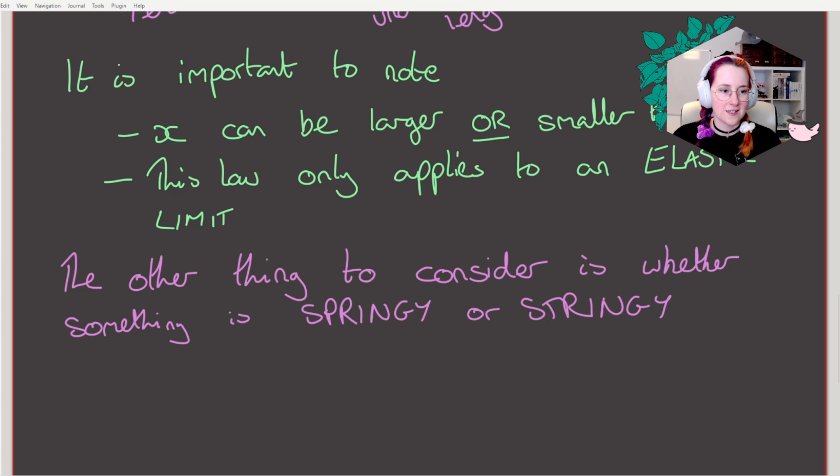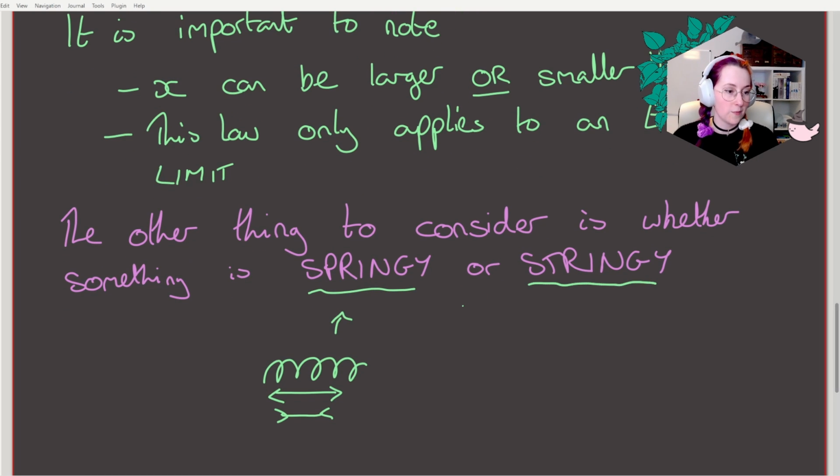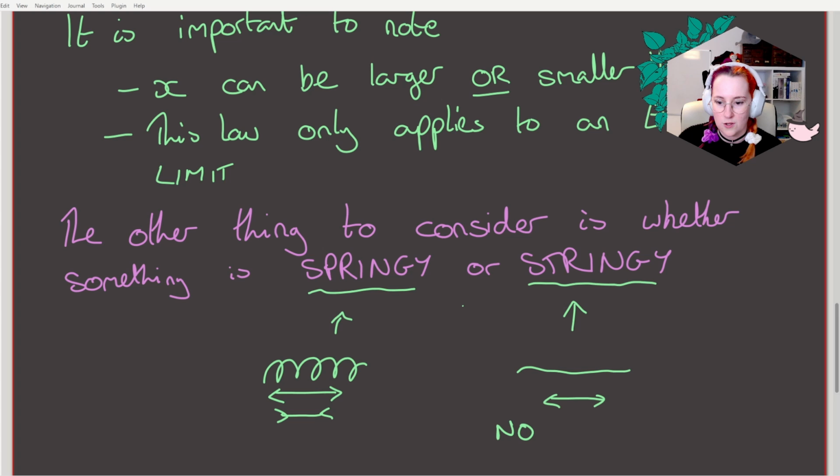And what I mean by that is a spring will be able to be stretched and compressed. But a string, or a rope, there's going to be some stretch to it, but you can't compress a string, right? If I have a string and I start pushing in on either end, it doesn't hold its shape well enough to compress down the length of it. It's just going to move out the way. So this one can only be stretched. No compress.